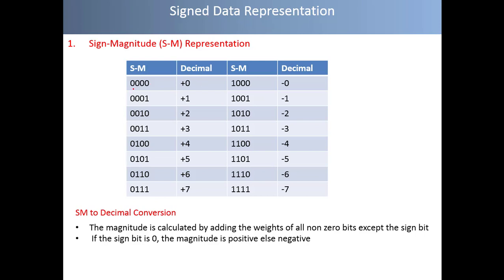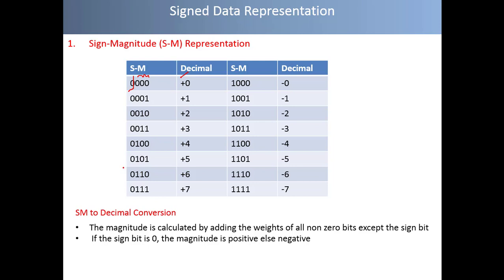So 0000 means, let us separate the sign bit. If this bit is 0, it means the number is positive, and then we convert the remaining bits into their equivalent decimal representation by multiplying each bit with its associated weight and finally adding all the products.